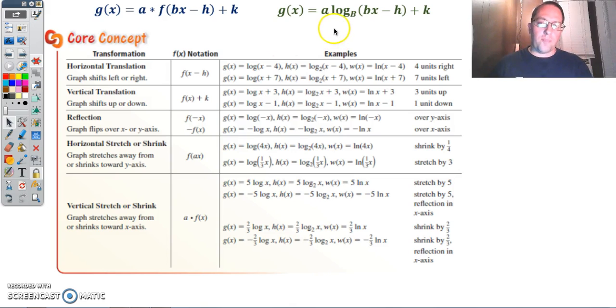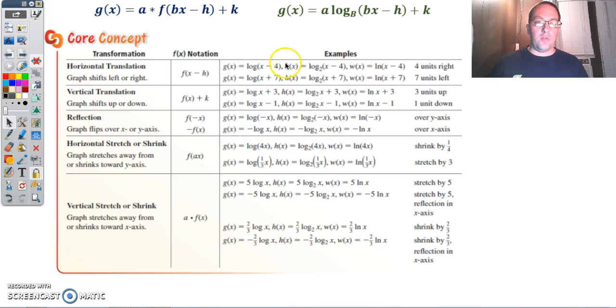All right. So here we have a times the log, whatever the base is, of b(x minus h) plus k. All right. So we have the same thing. It's just instead of having a square out here, we have a log in front of it, a logarithm. This base is just whatever the base is.